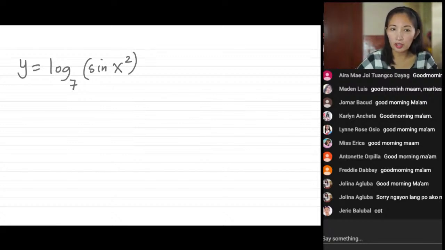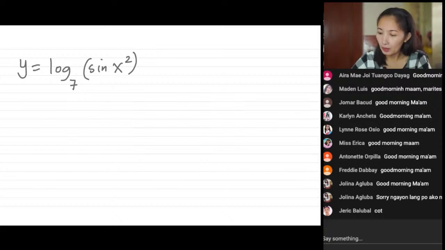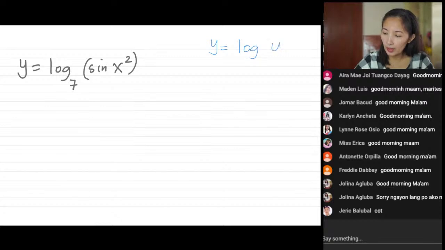Okay, so let's continue with problem number 6. Looking at the given, y is equal to the logarithm of sine of x squared to base 7. So obviously this takes the form y is equal to the logarithm of u to base a. And what did we say for y prime?